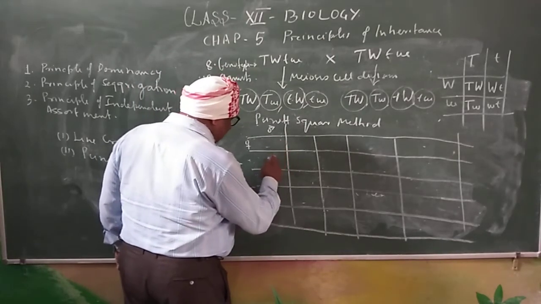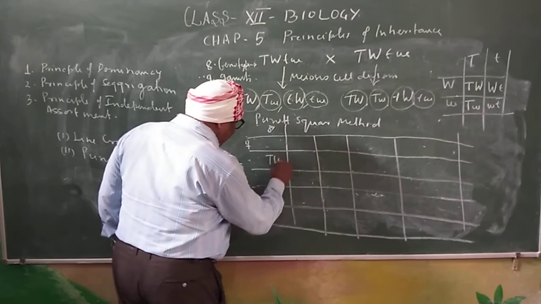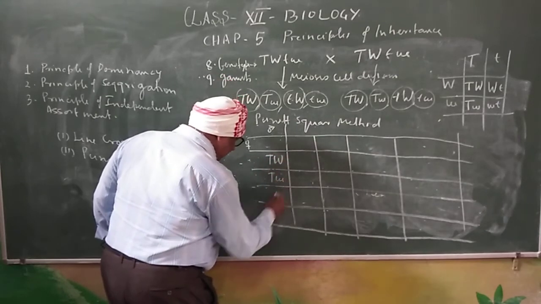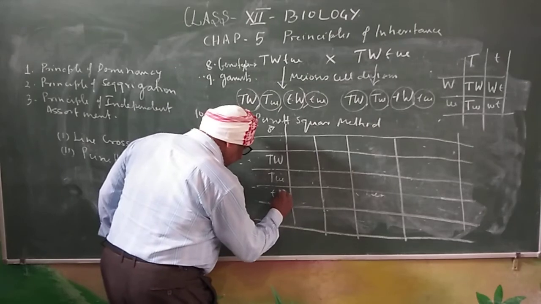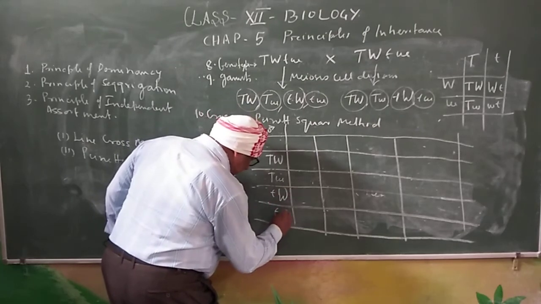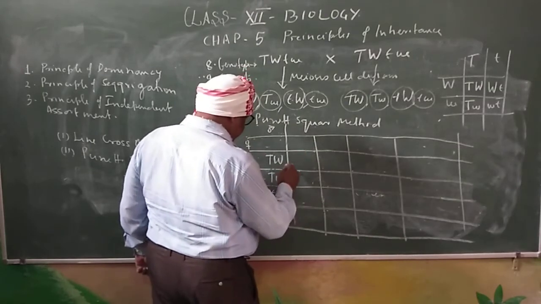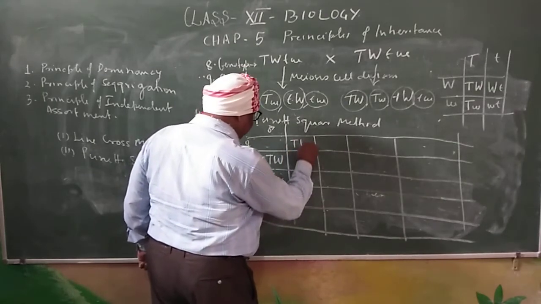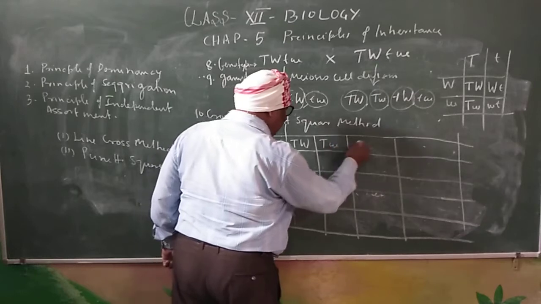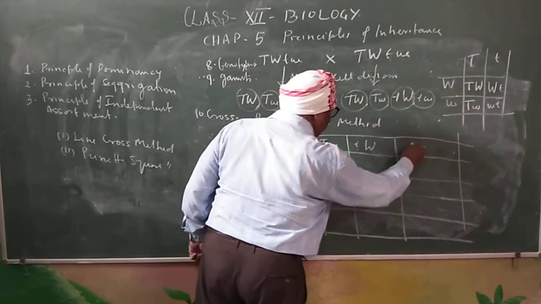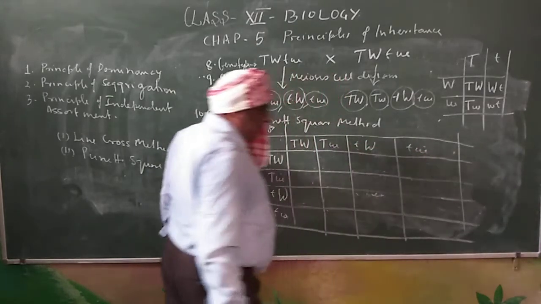Now the female gametes here are capital T capital W, capital T small w, small t capital W, and small t small w. Similarly here we will take capital T capital W, capital T small w, small t capital W, and small t small w.